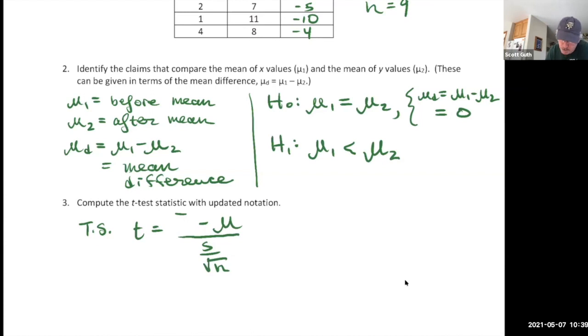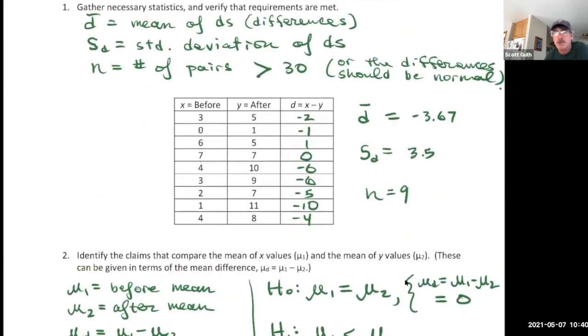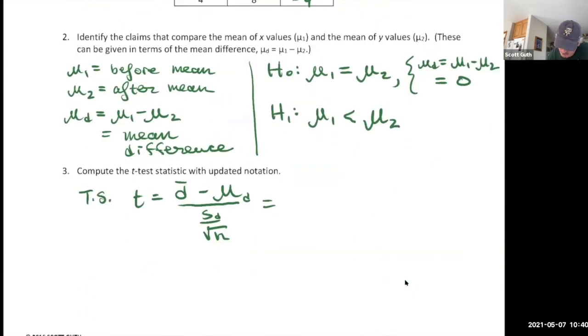So instead of an x bar, we'll use the mean, which we call d bar, because we're trying to test to see if there's a difference on average. And the mean difference would be mu sub d. Standard deviation of difference is s sub d. So the only thing is we just put some d's in here, but it's the same hypothesis test as the last one. Okay, so our d bar was negative 3.67.